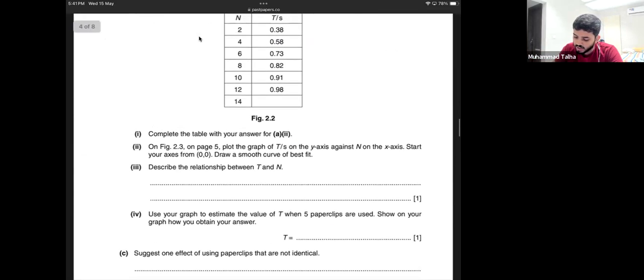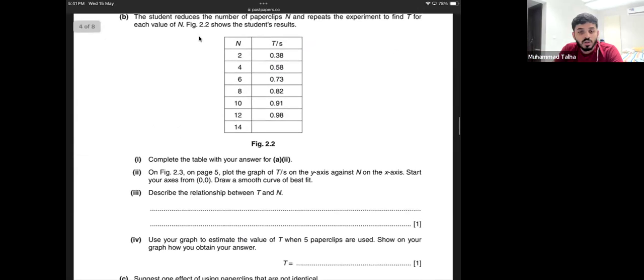Again, complete the table, draw the relationship. Now, in this case, if you look here, the examiner does say draw a smooth curve of best fit, right? So however this curve is, if I just look at these values, I hope you guys can see that as n is increasing, t is increasing, but not very fast, right? n is always increasing by 2.